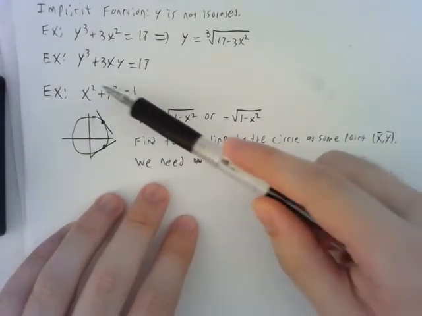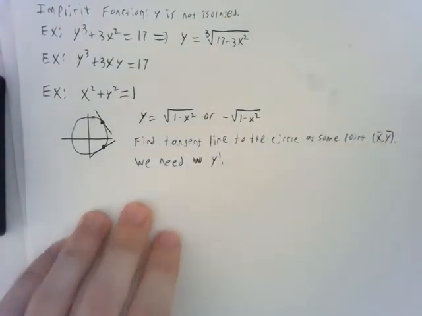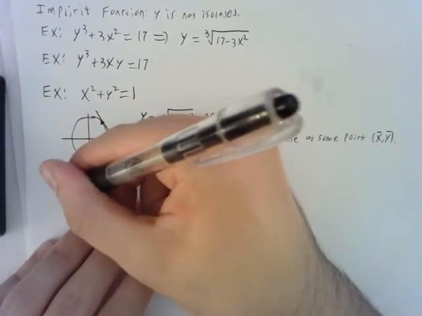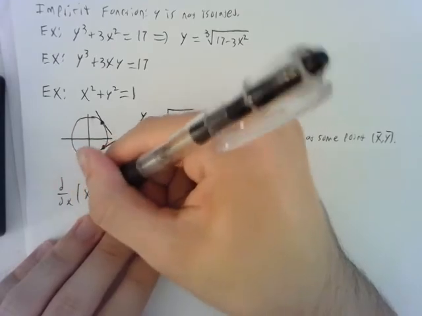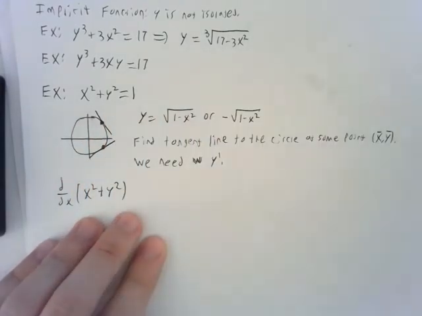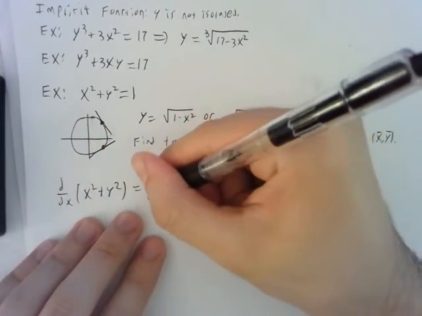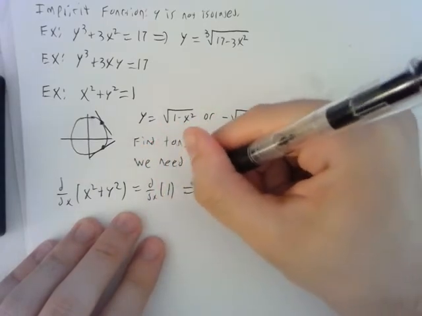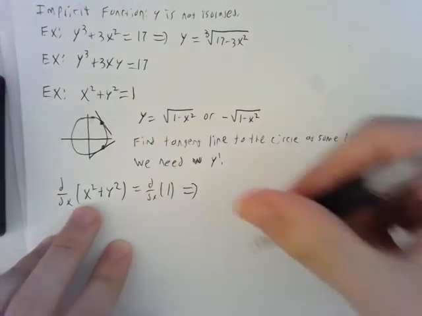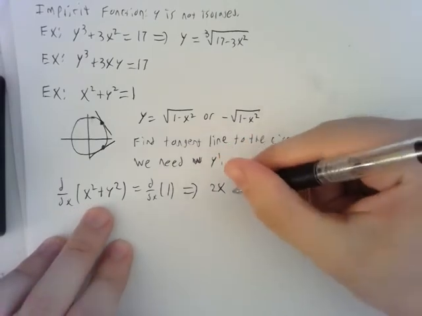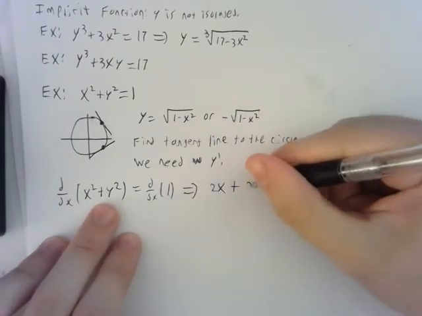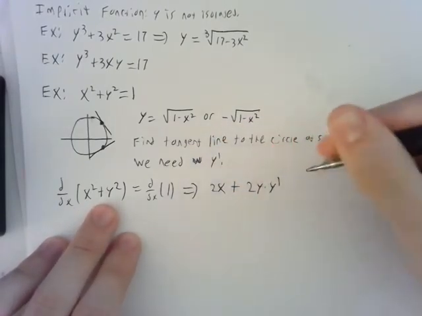So the question is, how can we get y prime from this equation? Well, we can differentiate both sides of the equation. We want to know something about the derivative, so we take a derivative and see what happens. The derivative of the left-hand side is 2x plus 2y times y prime.